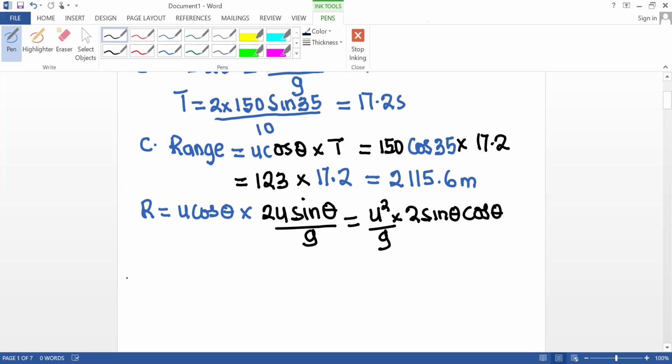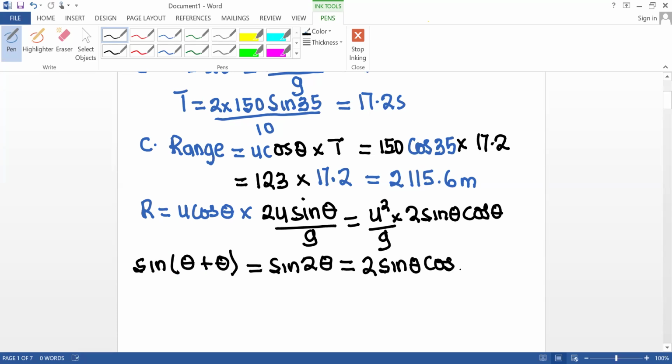Now, mathematically, if you have double angle, I mean sine of theta plus theta, this is the same as sine 2 theta. When you expand this, you haven't reached there, but the expansion of this will give you 2 sine theta times cos theta.